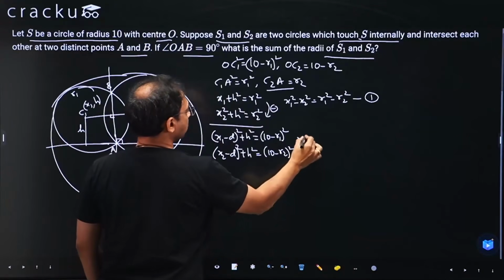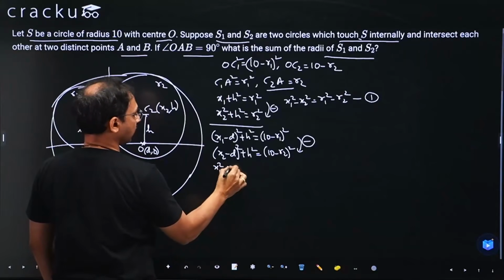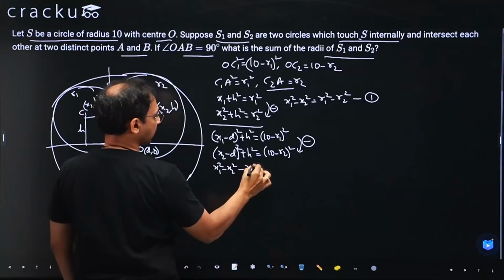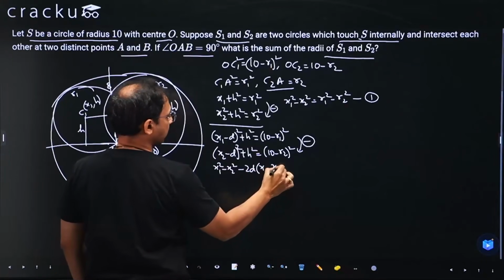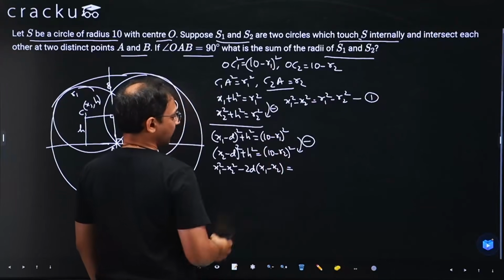Let's subtract the other two. I get x1 square minus x2 square, d square will get cancelled, minus 2d into (x1 minus x2), h square will get cancelled. We'll use a plus b into a minus b here.